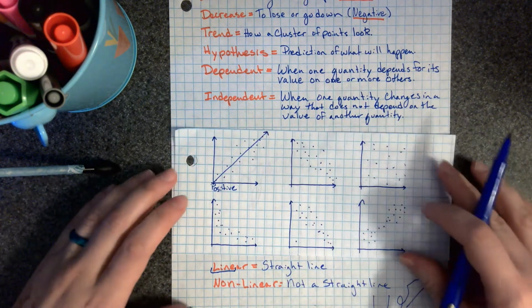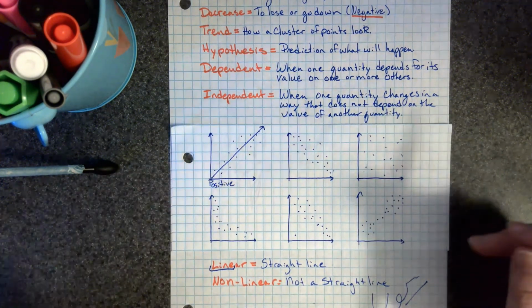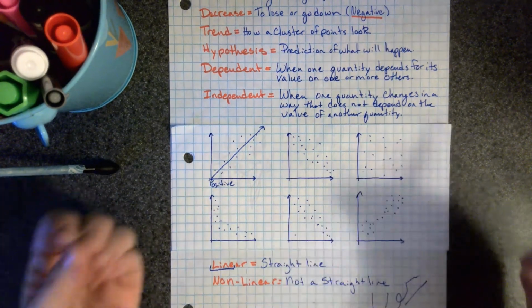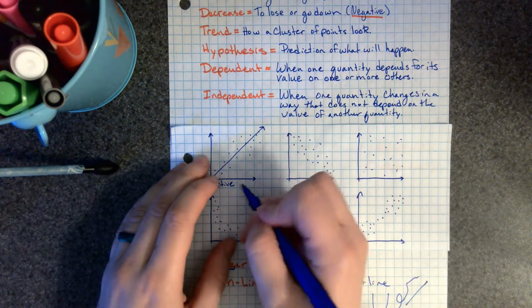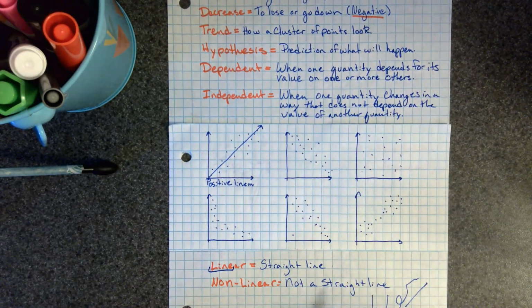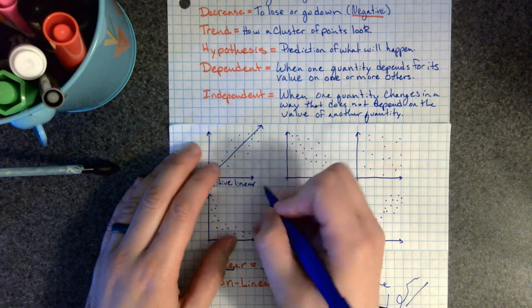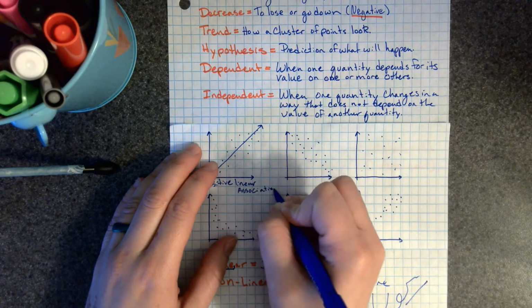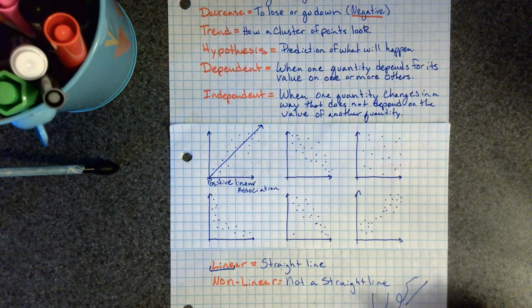It doesn't have to start at 0. It's just, can I draw a line straight through the middle of my data? If I can, then that makes it a linear association. So this has a positive linear association. Please do not abbreviate association. You know why, don't laugh.